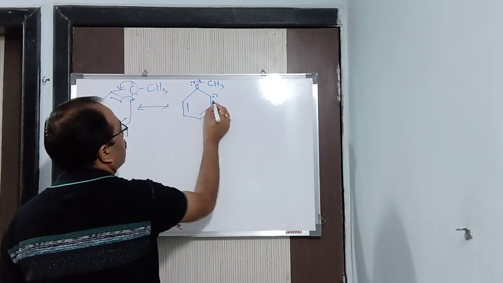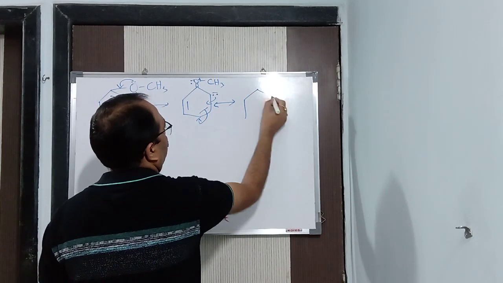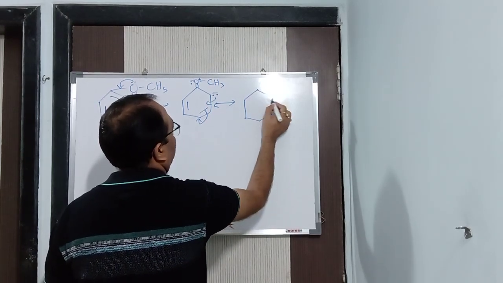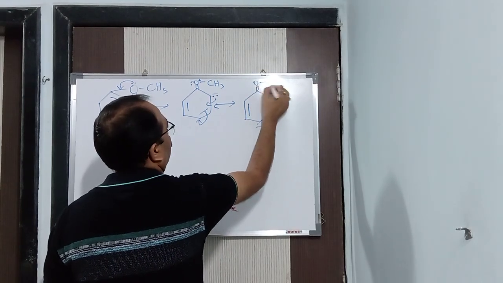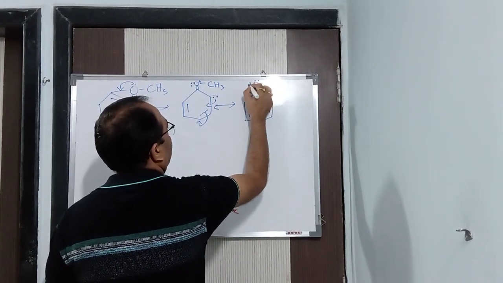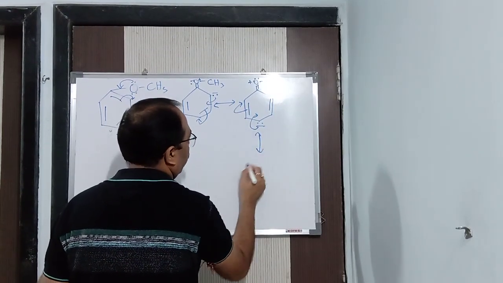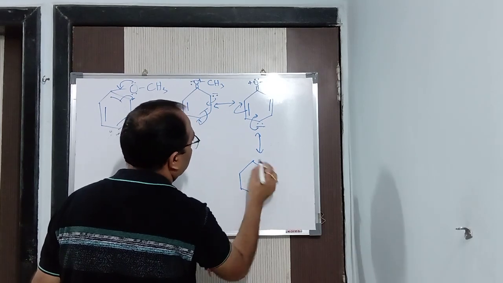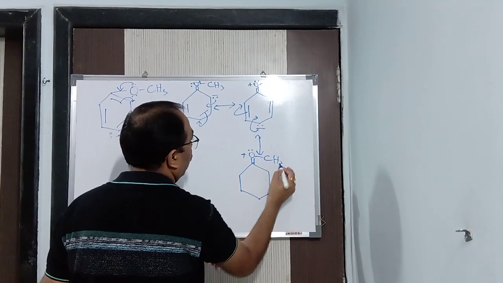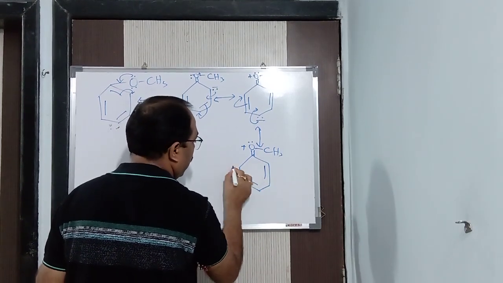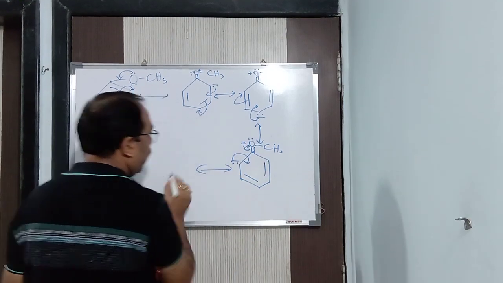Now this pair of electrons comes here and this goes out. Ultimately here it is negative, and here we get a double bond to OCH3, which is positive. Then again this goes and this goes here. Now after that you get this particular one, a double bond to O positive and CH3. Now next it goes here and this goes here. So what do you get ultimately?